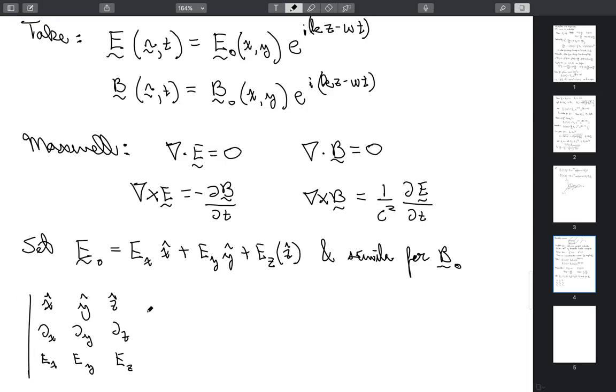So the determinant of that is really what I mean by the curl of E. So this should be equal to the time derivative of B that I have here.